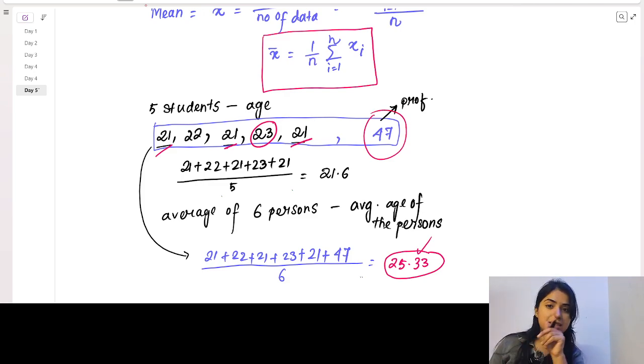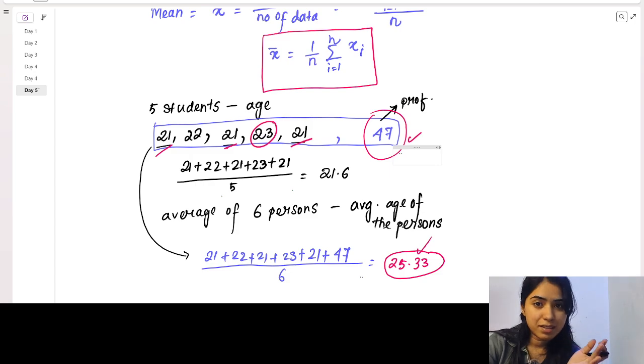Because we are adding a very high value, the average is also changing. If some of the values in the data are not following the cluster, those values are called outliers.